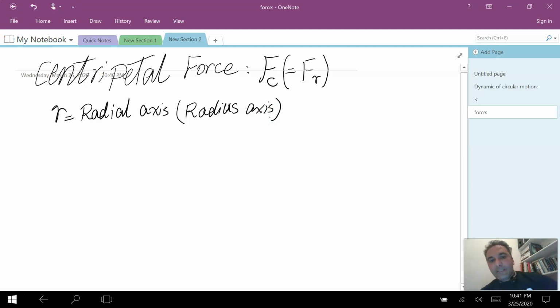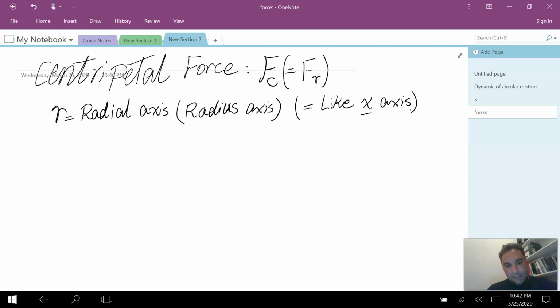That means where the radius of the circle is located. So we draw a straight line, we call it radial axis. It's very similar to the x-axis. Okay? So do not get confused, please. So radial axis or x-axis, same, nothing changes.